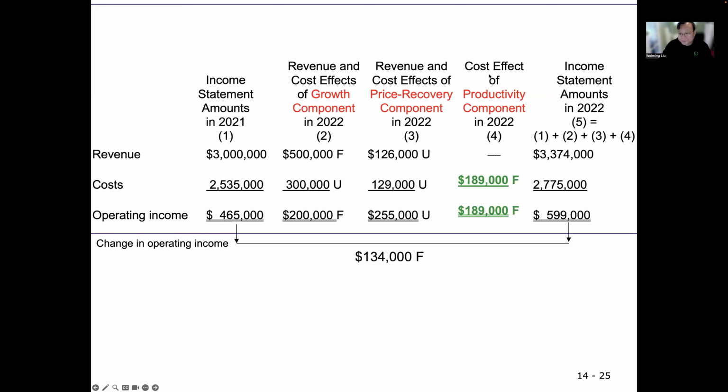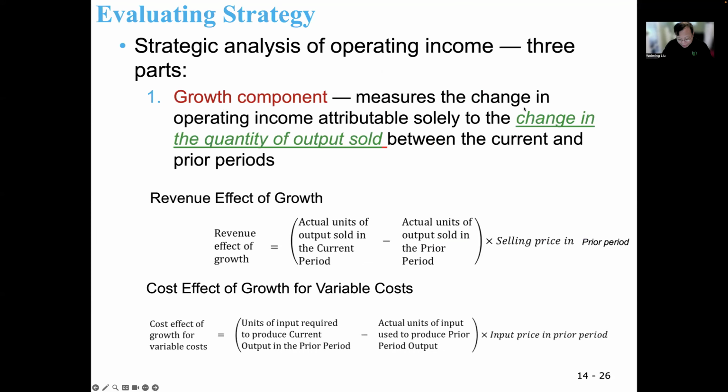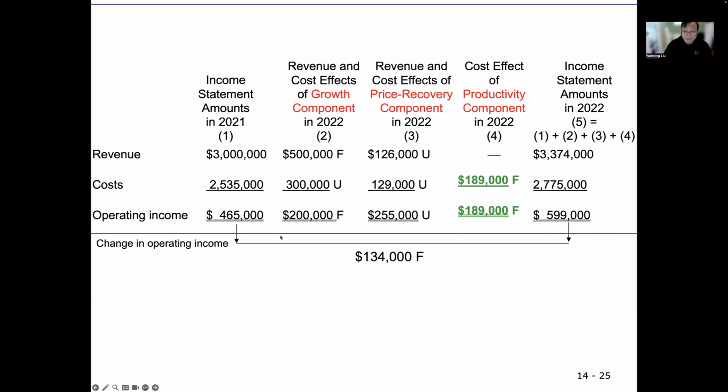And then the last one is the productivity component. This is related to how efficiently the input resources are used. So in this case, we're going to be able to explain that income increased $134,000.